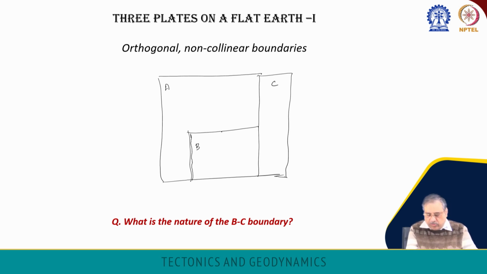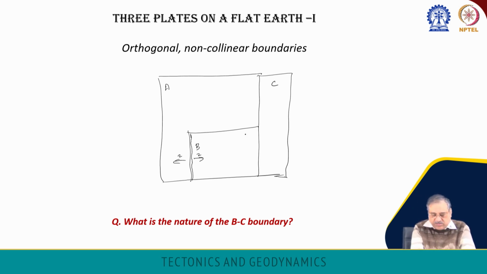So if you remember broadly, right, so you had a mid-oceanic ridge on the western part of plate B, along which plate B was being separated from plate A at a half spreading rate of 2 centimeters per year, which means that the relative velocity of B with respect to A or A with respect to B was actually 4 centimeters per year.